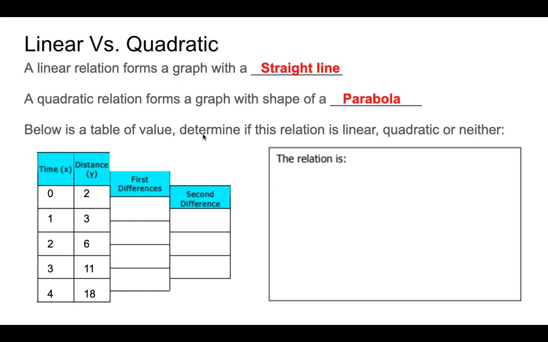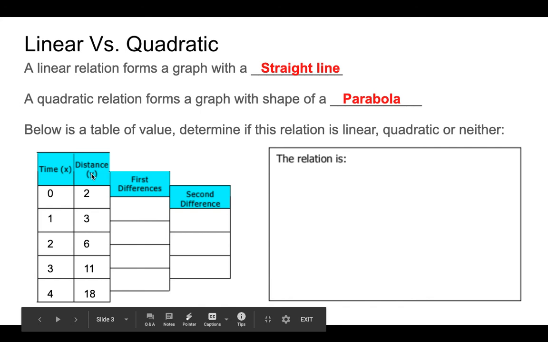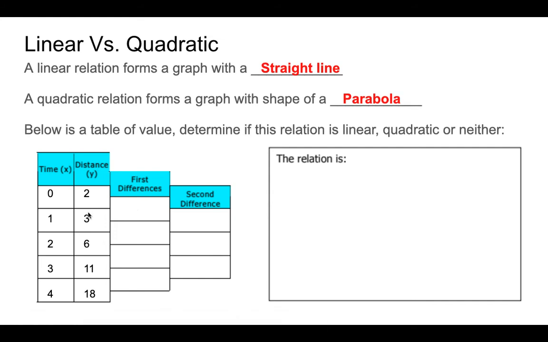The next way is to look at a table of values and look at the first differences and second differences. So let's take a look at this table. We have our x values are 0, 1, 2, 3, 4, and our y values are 2, 3, 6, 11, 18. So we're going to find our first differences from doing the bottom one minus the one above it.